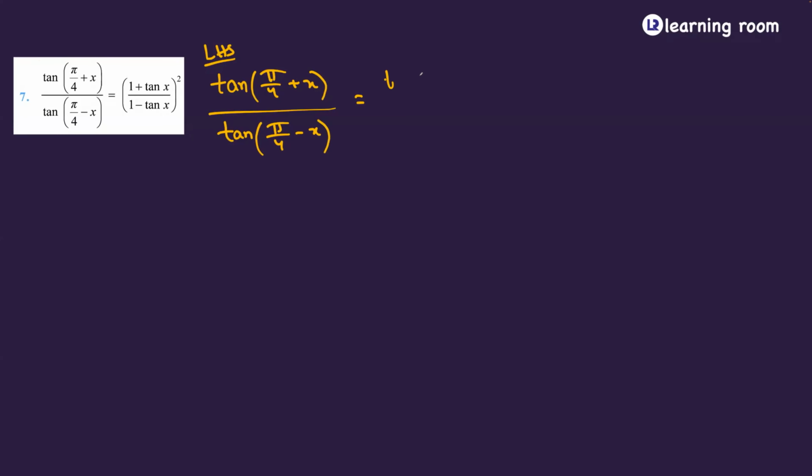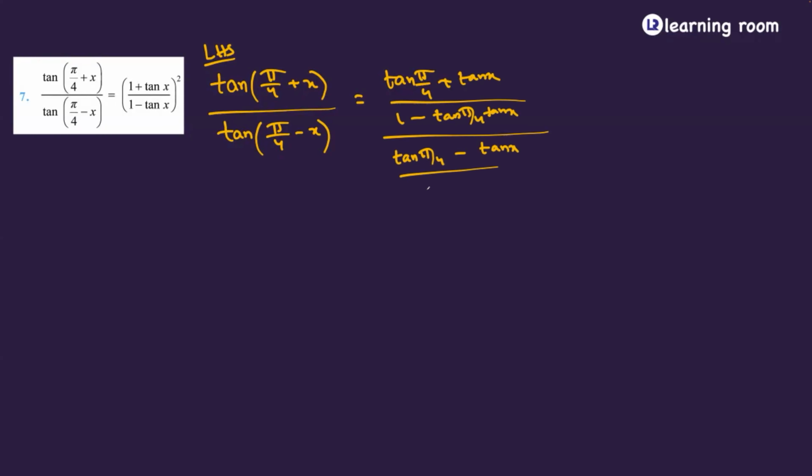It is tan A plus tan B by 1 minus tan A tan B, the whole divided by tan A minus tan B by 1 plus tan A tan B. And remember, tan pi by 4 is 1.